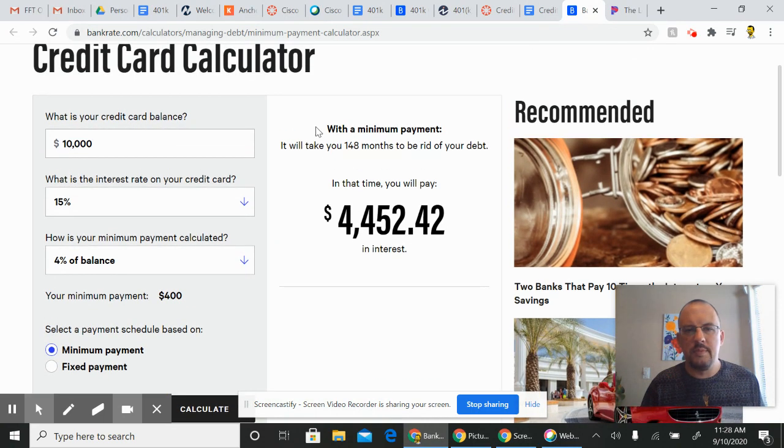And then it tells me 148 months to pay it off. So I have to take 148 divided by 12, something like 12 years, I think. Yeah, it's over 12 years, so 12 years and 4 months. Use a calculator to do that, and that's it.